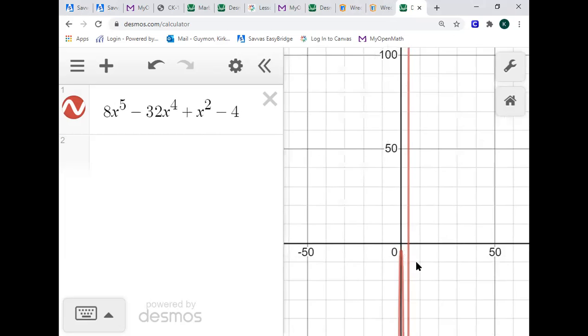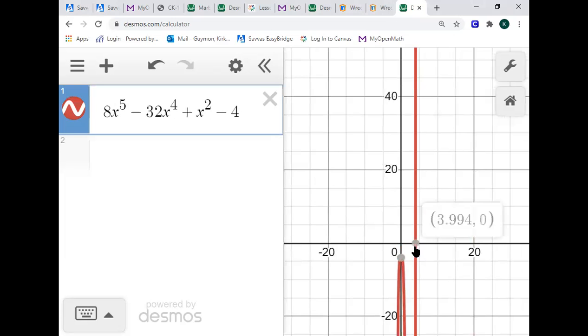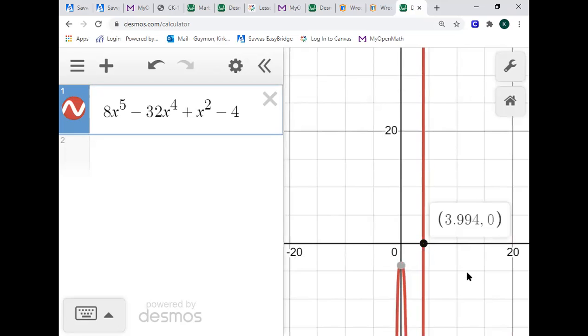So let's see if we zoom in here now. All right. Well, that's still not exactly 4. It's close to 4. So I would say that was exactly their point: when we tried this, 4 is not actually a 0, so you can't actually use that.